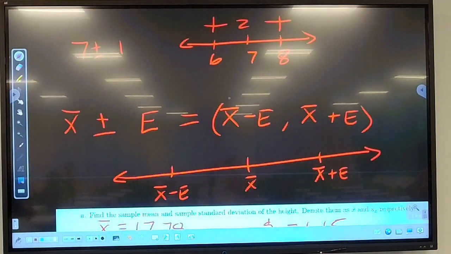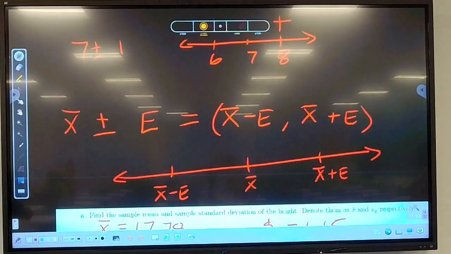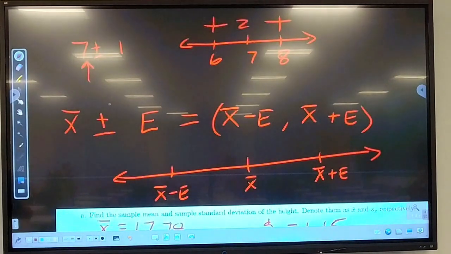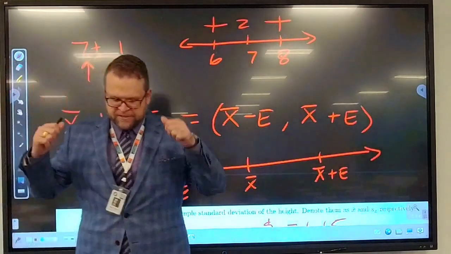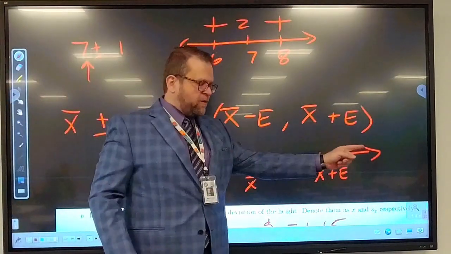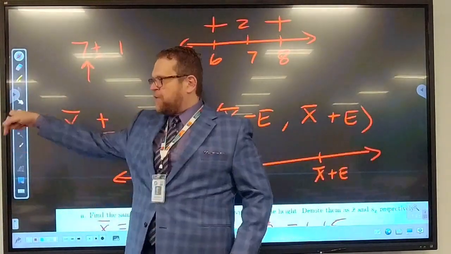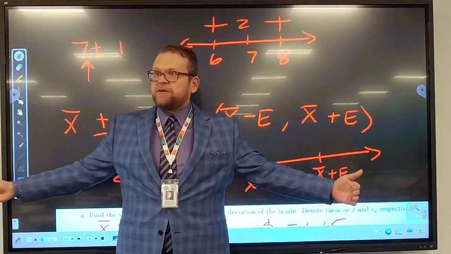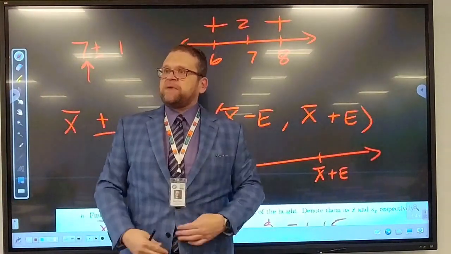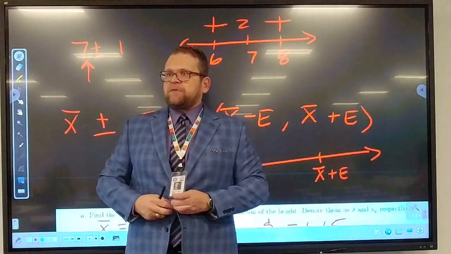The distance between the two of them is still 2 because of this part. This is just a starting point. You stand at 7. I'm standing at 7 on the number line. I'm going to go that way by 1 unit. I'm going to go that way by 1 unit. Naturally, the center must still be the place where I started from, right? Okay.